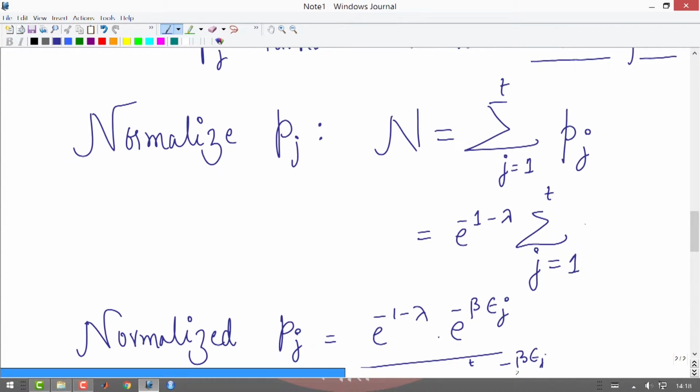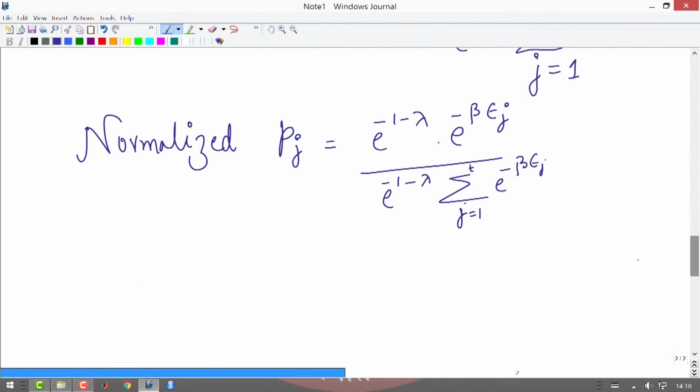So, this becomes e to the power minus beta e j, of course, and then you can write down the final answer as your normalized PDF, which is e to the power minus beta e j over summation j going from 1 to t e raised to minus beta e j.